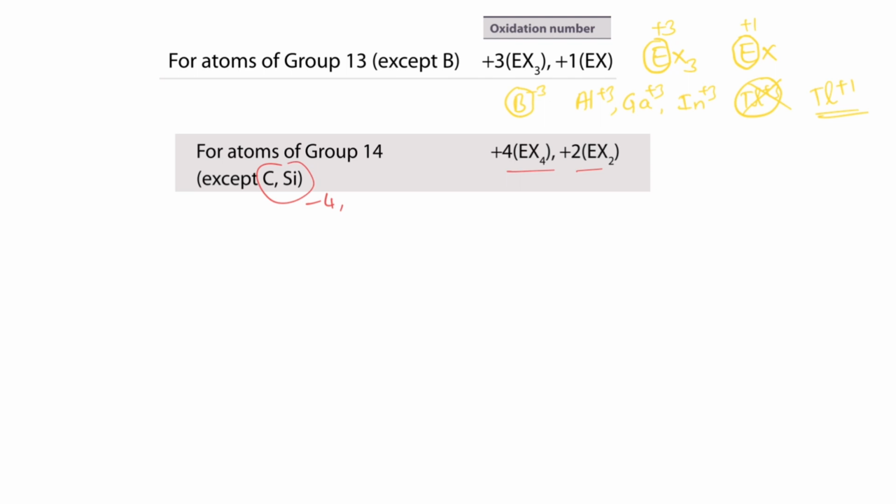They can accept electrons from the other one, therefore they can show negative oxidation state. So now, EX4 given, meaning this element will show the +4 oxidation state. EX2 means this one shows the +2 oxidation state.